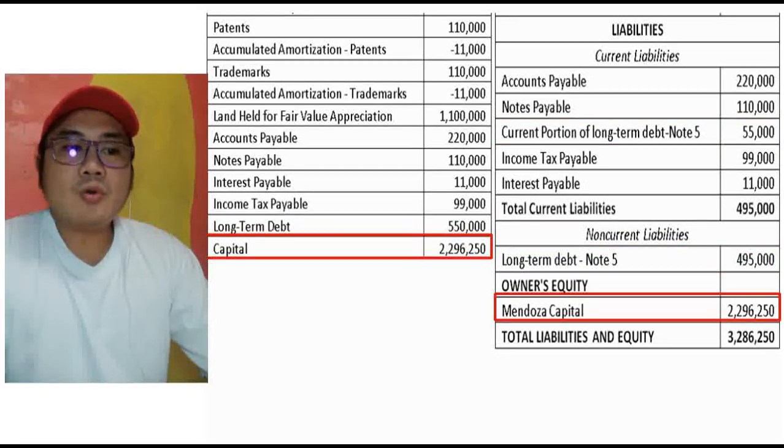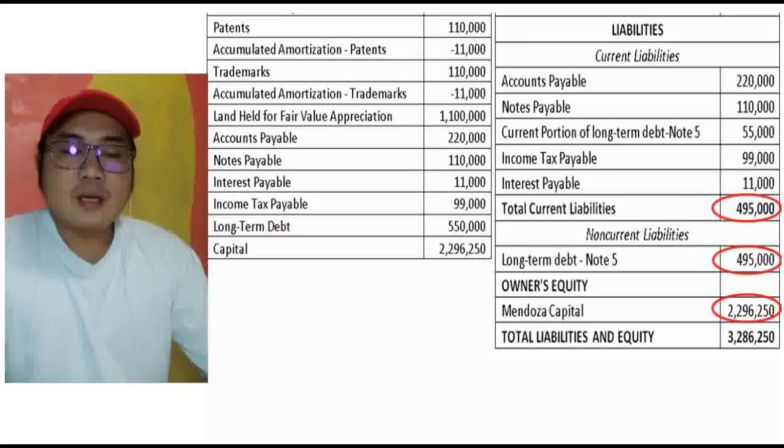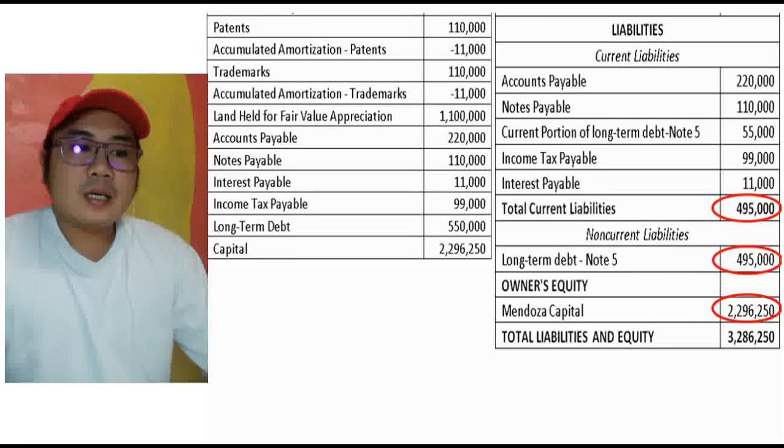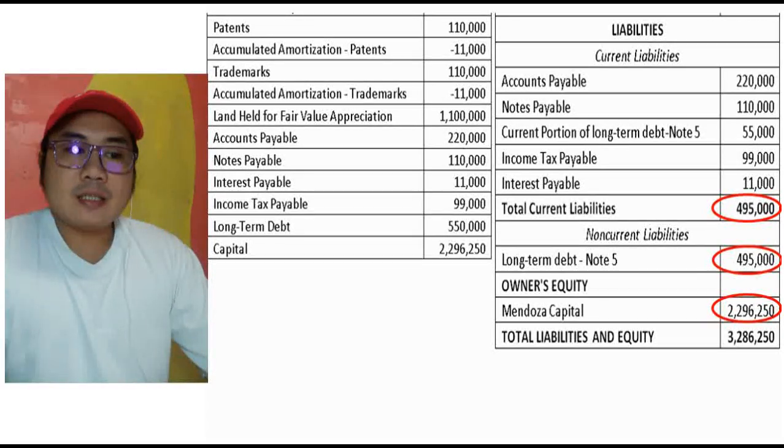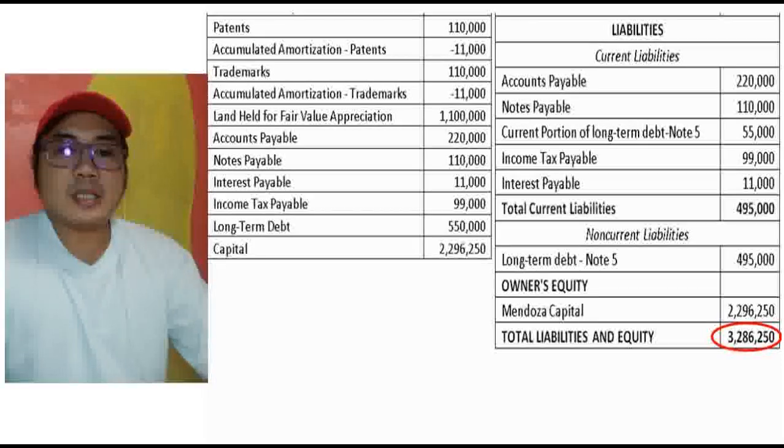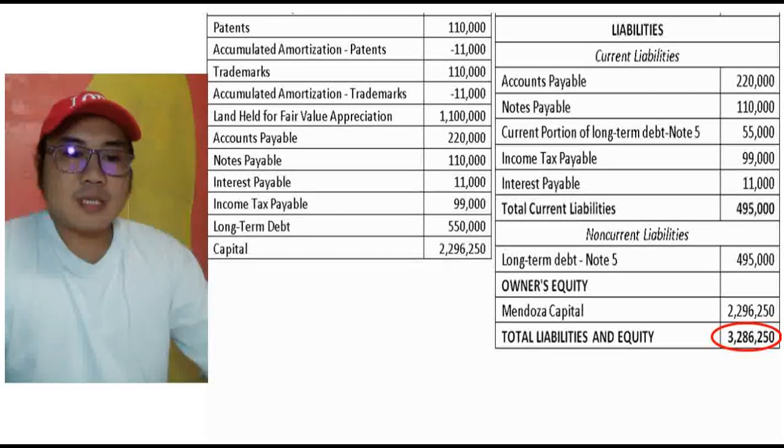And lastly, the owner's equity, a capital of 2,296,250. If we add the total current liabilities, the total non-current liabilities, and the owner's equity, we will have a total liability and equity of 3,286,250.